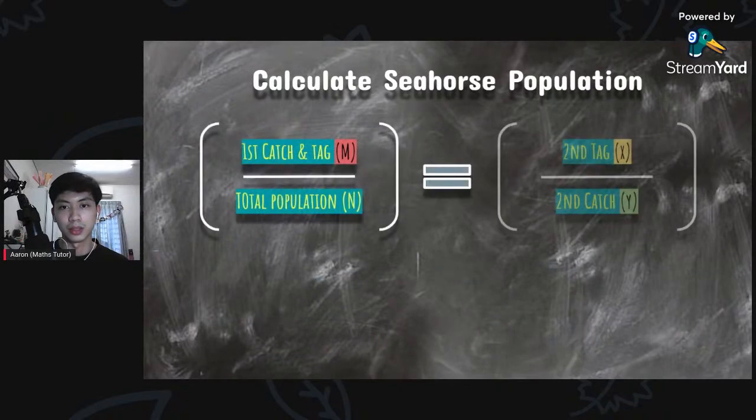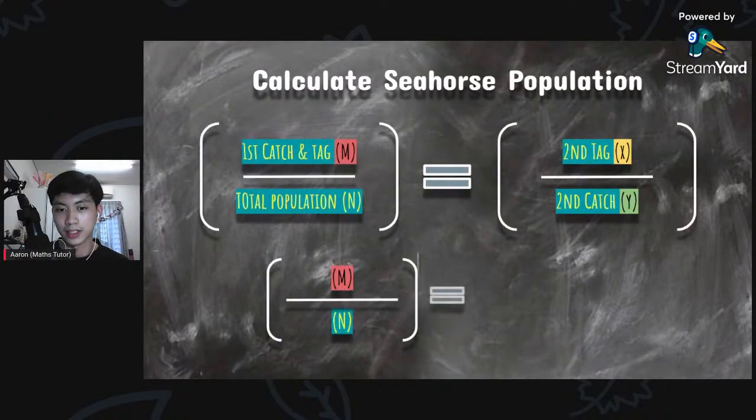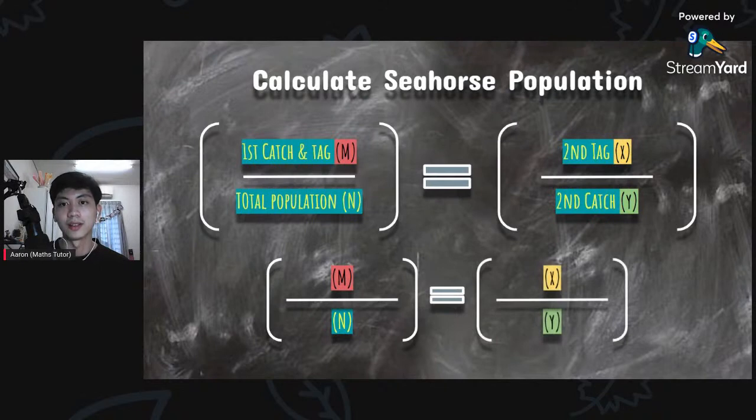So how do biologists calculate the population? The first one we put here is M, which is the first catch, the 120, over the total population, which we need to find.